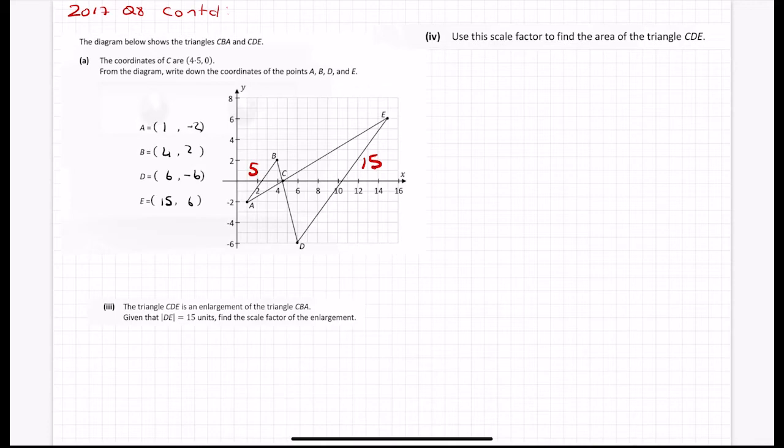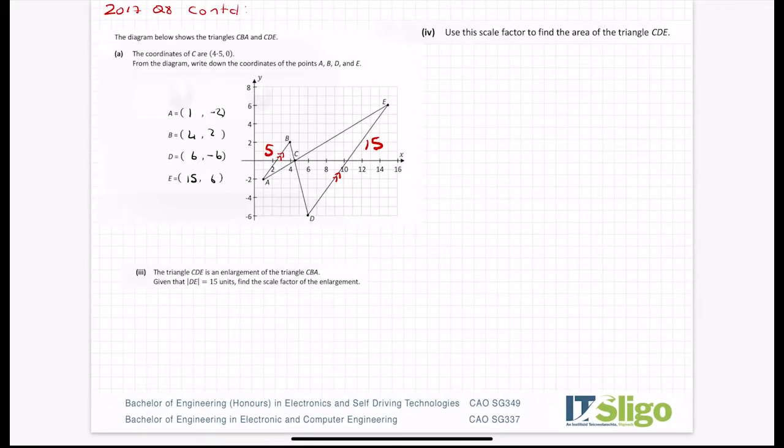So what I'm wondering now is that line is parallel to this one. We did that with slopes. Okay. I'm wondering, is the length of DE equivalent to the length of AB?